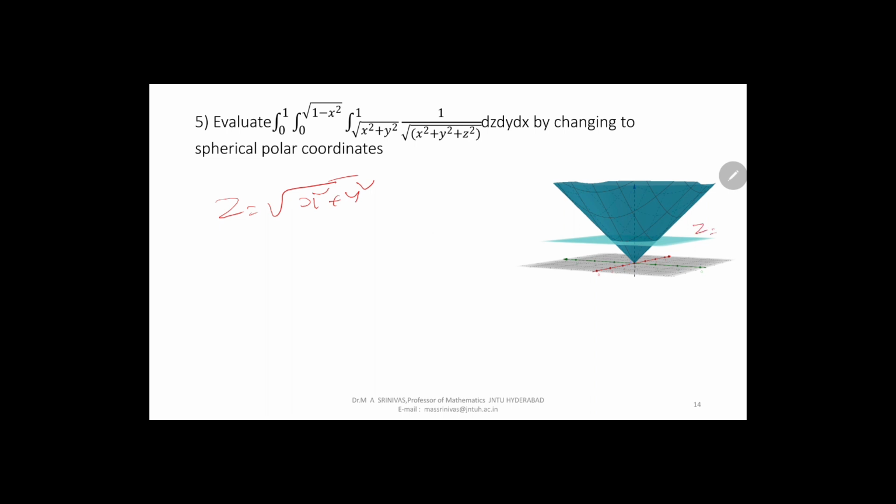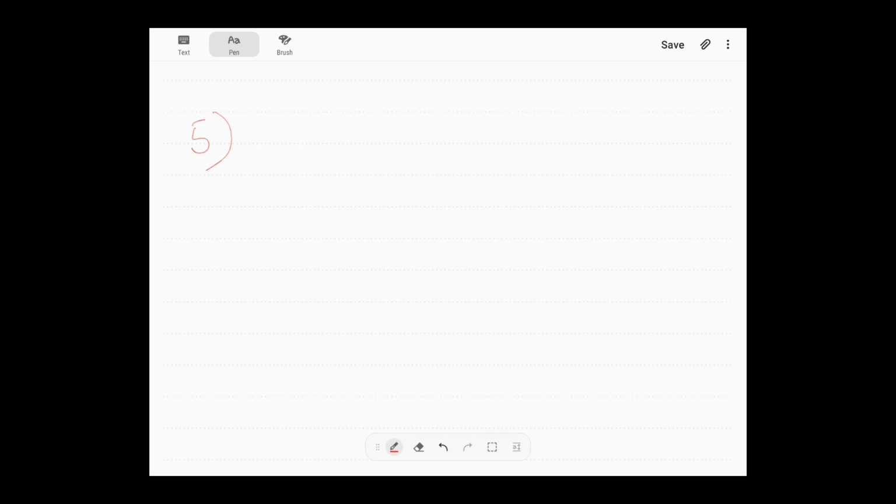Remember, y is varying from 0 to 1 minus x square, so again in the first quadrant, x varies from 0 to 1.